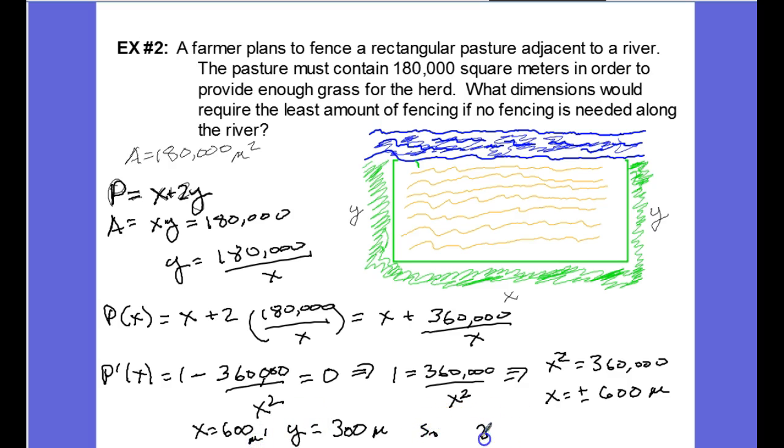So our field needs to be 300 meters by 600 meters, and that will give us the required area and the shortest length of fencing.